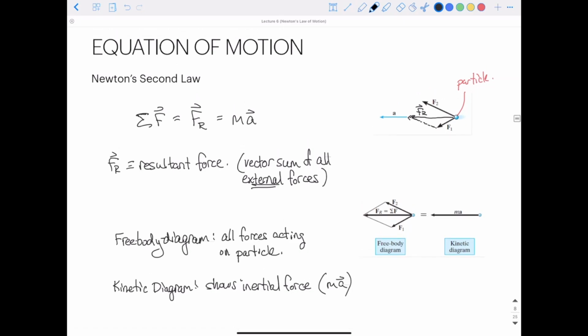So basically, we have a particle, it might have multiple forces acting on it. We can add those vectors to figure out a resultant force, and then we use our Newton's second law equation to figure out what our acceleration is if the forces are known.